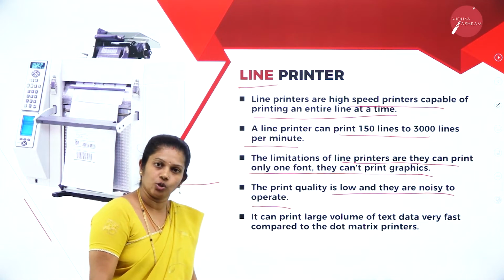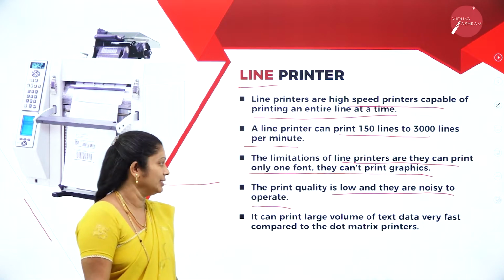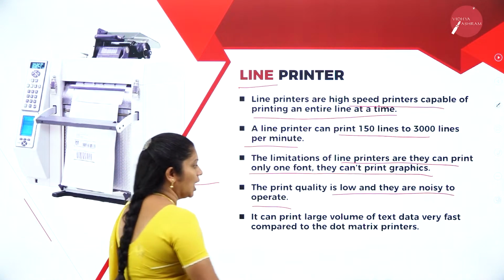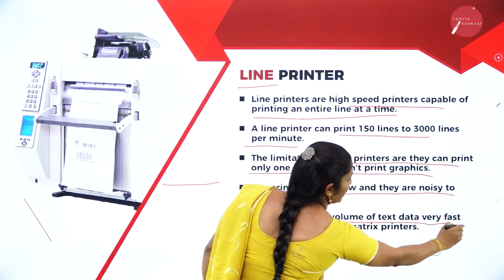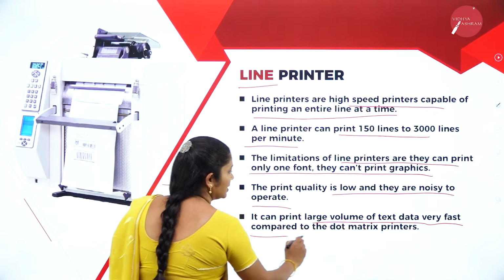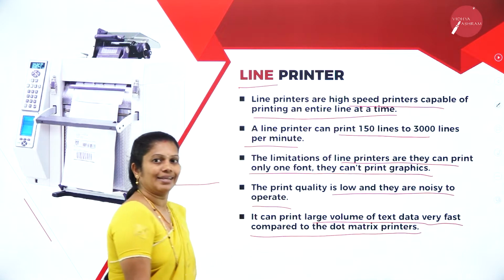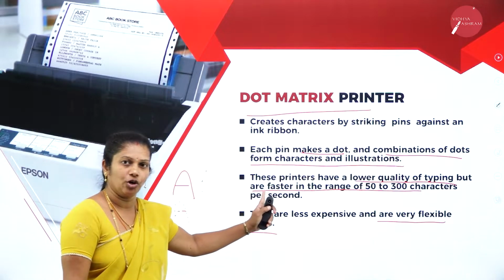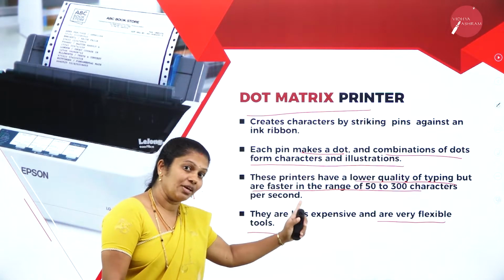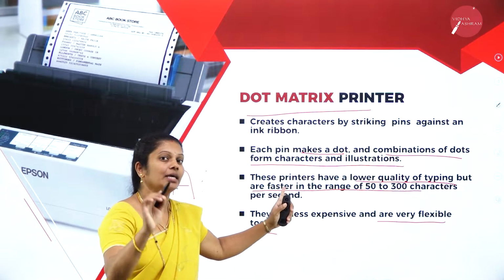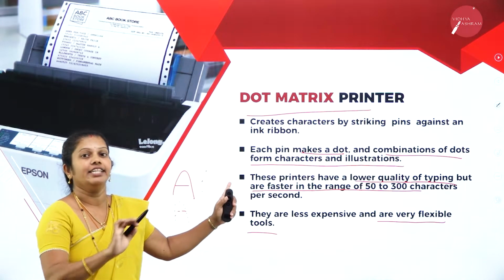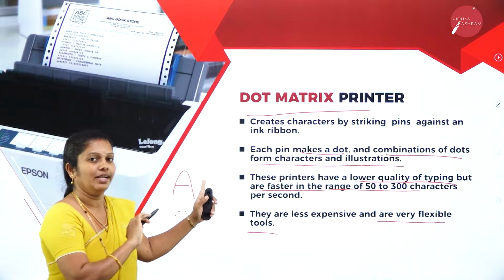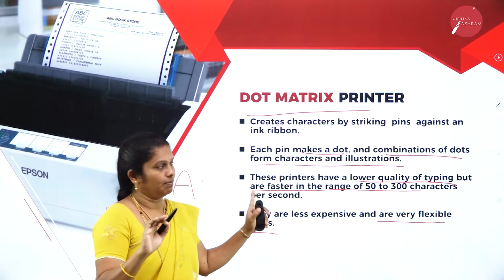It can print large volumes of text and data very fast compared to a dot matrix printer. Already I told you, a dot matrix prints in the format of dots. Graphics I can print, but in dot format. Different colors and different fonts are not possible.